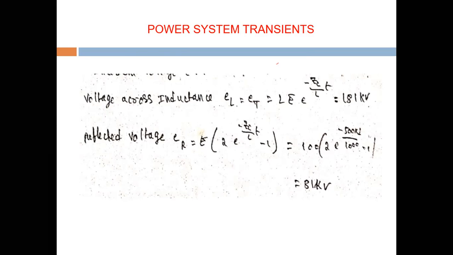Which types of transients are obtained in the case of transmission lines? Mainly two types of transients are obtained: the single energy transients and the double energy transients. Single energy transients are produced by one form of stored energy only.